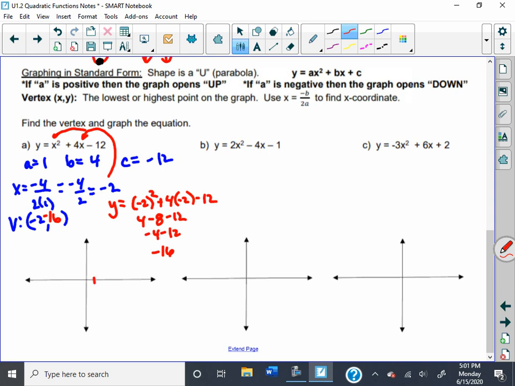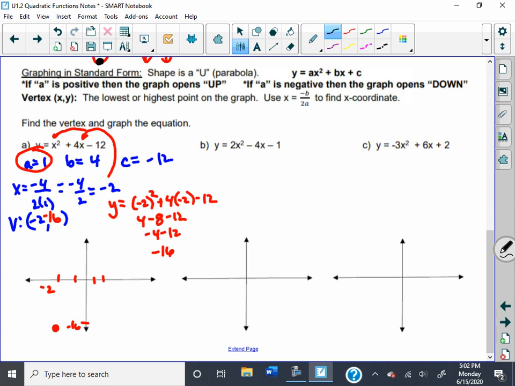So we're going to plot that. Here's negative 2, and we're going to come down here to negative 16. Now, because the A value is positive 1, the graph is going to open up. It's a U shape. To get a couple more points, we can use that A value and kind of use slope. It only works for the first 2 points.